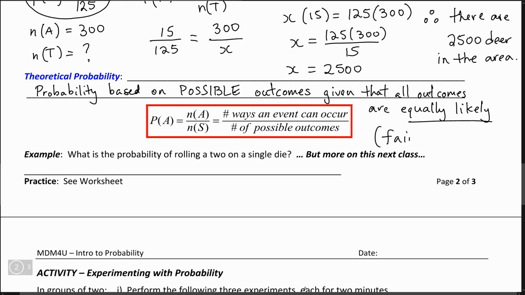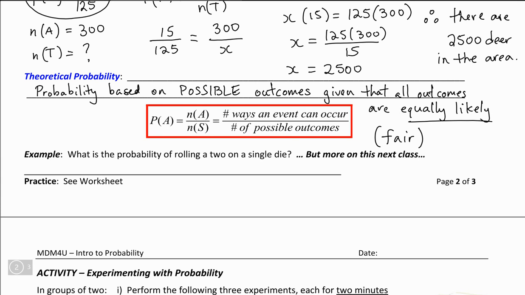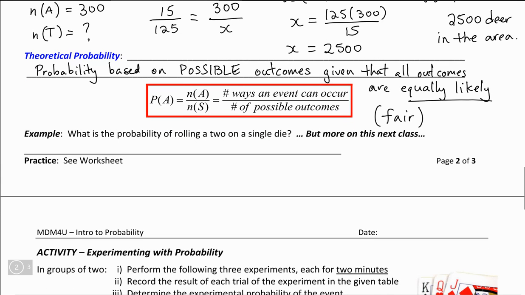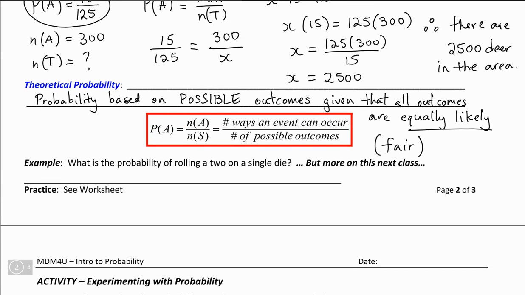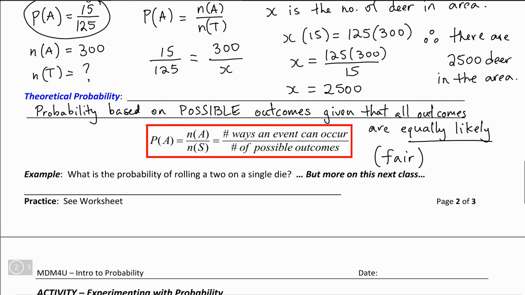They're all fair outcomes. What's a fair outcome? Think of tossing a coin, right? So tossing a coin, fair outcome. Because the coin has the same size on both sides. The weight is just evenly distributed. Same thing with the dice. 6-sided dice have the same size on every side. It's not like one square is bigger than the other. Okay, think of things that are fair.